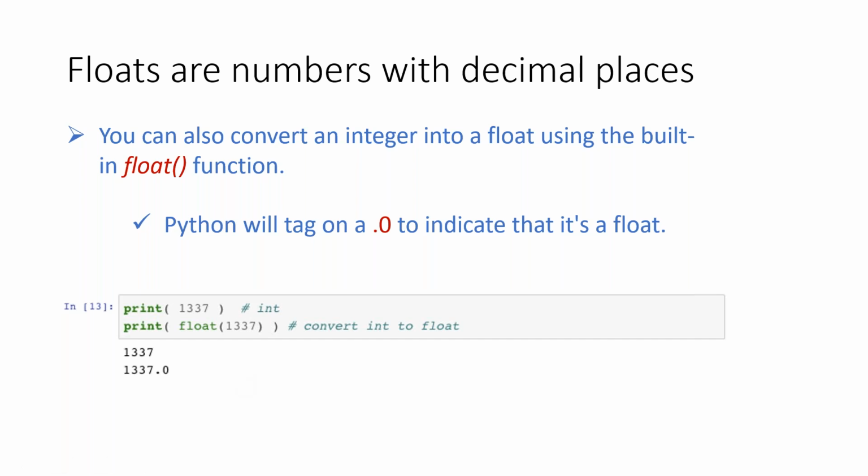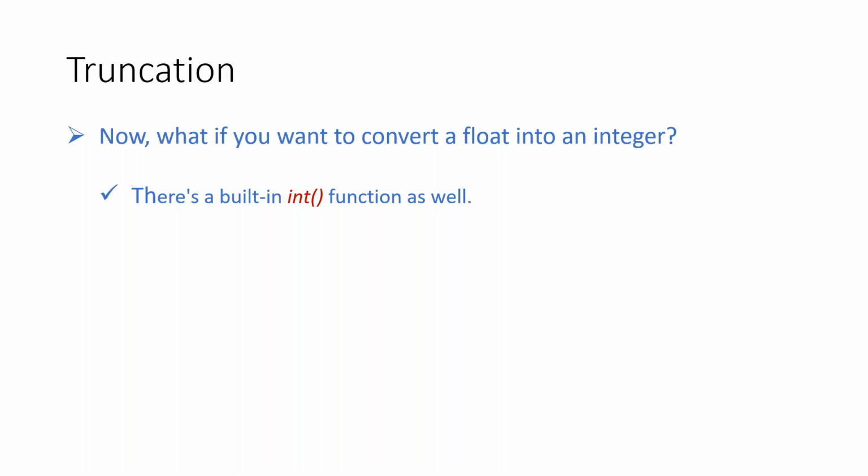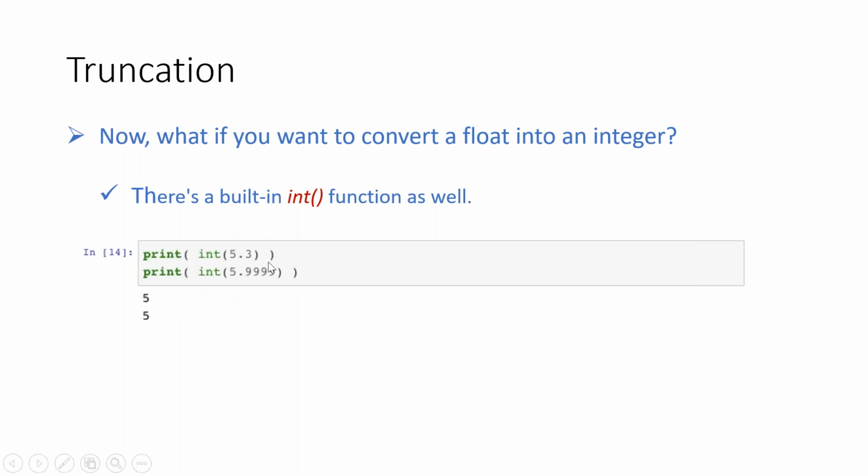Similarly, say you have a float number and you want to bring it back to an integer. You can use the int function. So you have 5.3 and another float number, and you convert them to ints using the built-in int function. Both of them have given an output of 5.